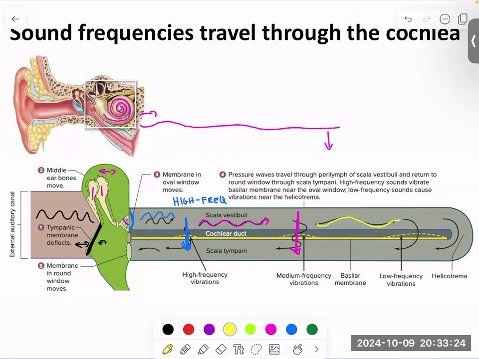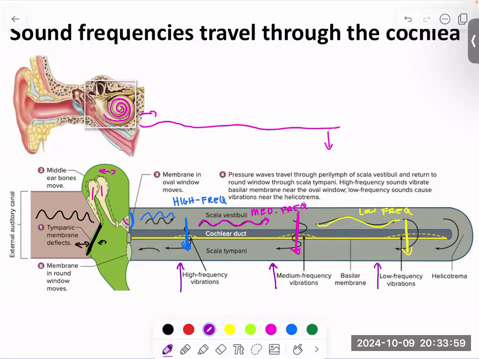If it has a low frequency, like someone with a low voice, it'll cut through further along the cochlea. So the frequency of the sound of the fluids moving through the cochlea will be detected at different points. High frequency, medium frequency, low frequency.